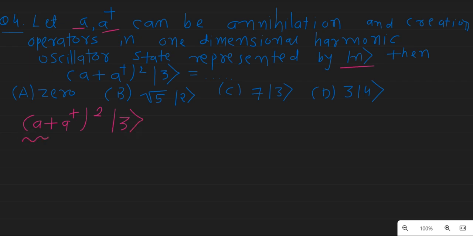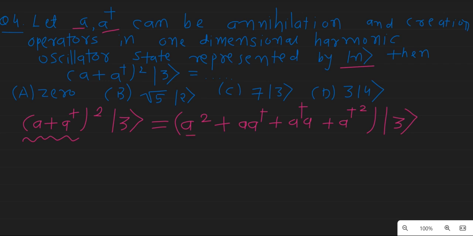Now I simplify this, so it will be A squared plus A A dagger plus A dagger A plus A dagger squared, operated on 3.